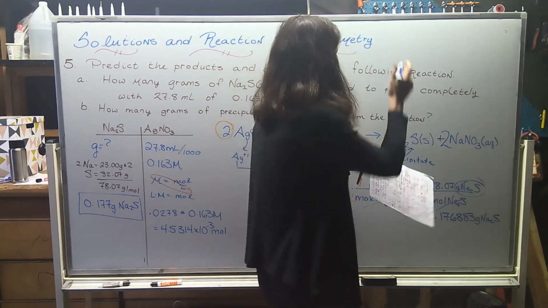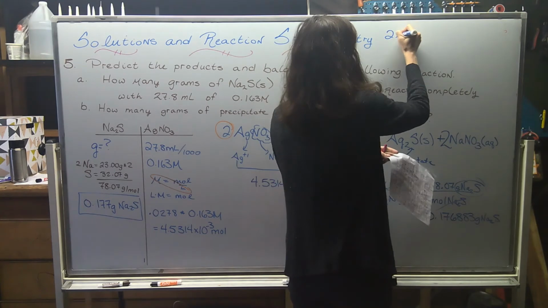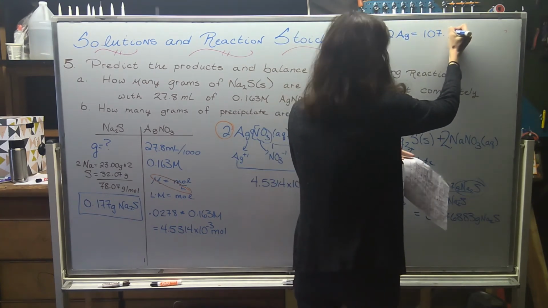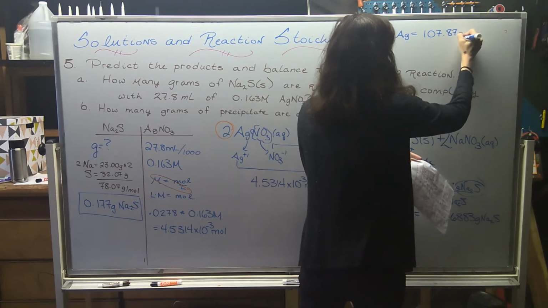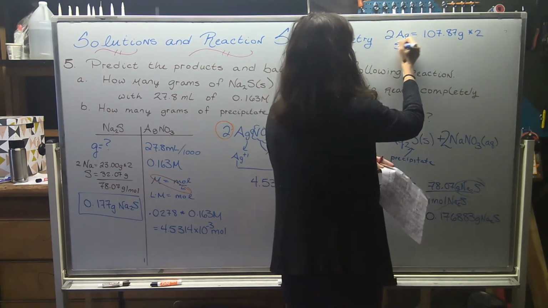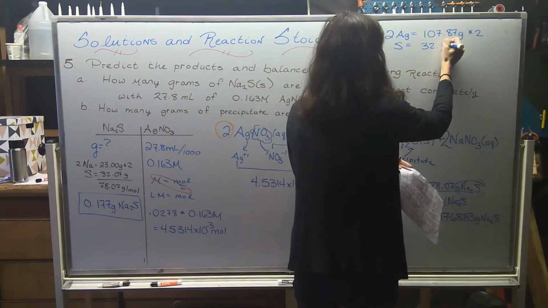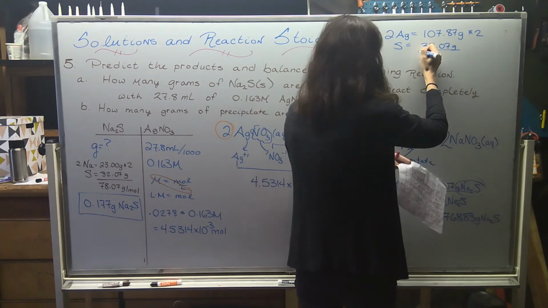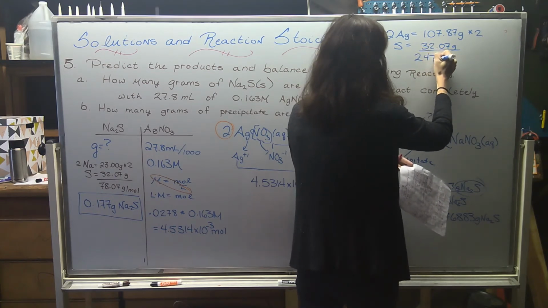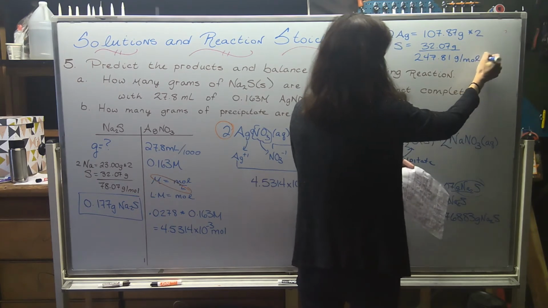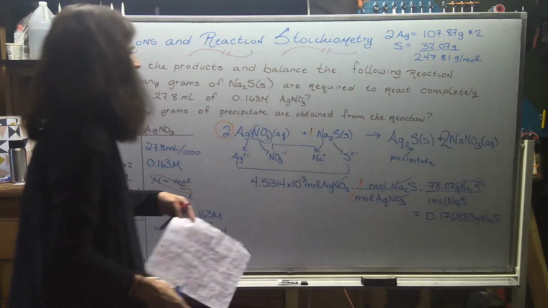So we have 2 silvers. I'll do 107.87 grams times 2, and 1 sulfur. So that gives me a molar mass of 247.81 grams per mole for my precipitate, for the silver sulfide.